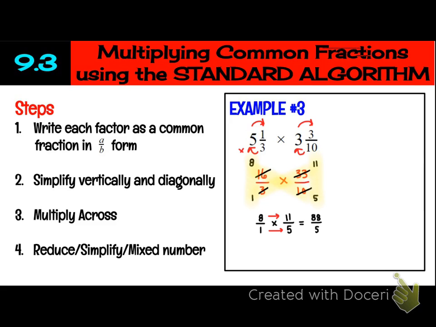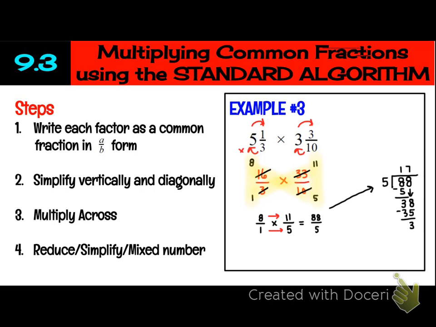Now this isn't one that I'm going to know off the top of my head, so I am going to do the division right away to help me out. I'm going to put 88 on the inside. I'm going to put the 5 on the outside. 5 goes into 88 one time. Subtract, I get 3. Bring down the 8. 5 goes into 38 7 times. That's 35.